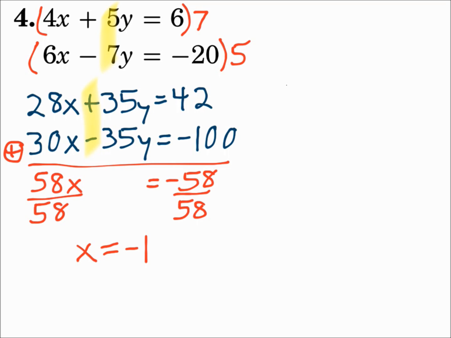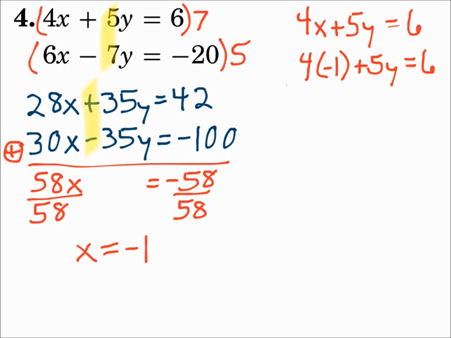Now substitute into either equation. You'll have easier numbers if you choose one of the original equations. Let's do the first one. X is -1, so substitute -1 in for x. 4 times -1 is -4.